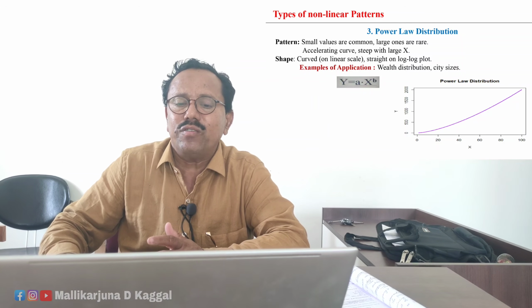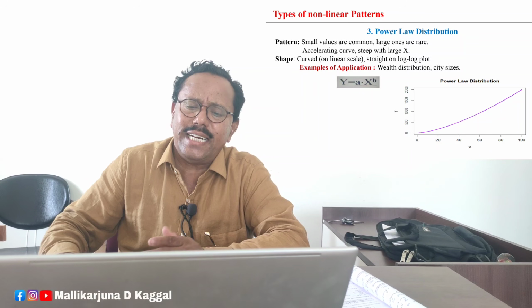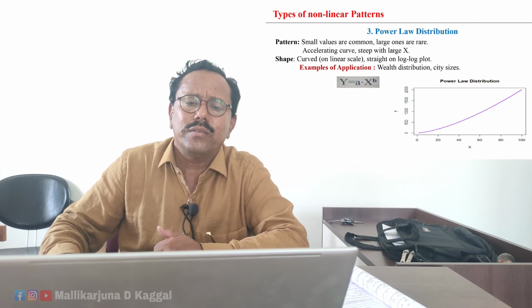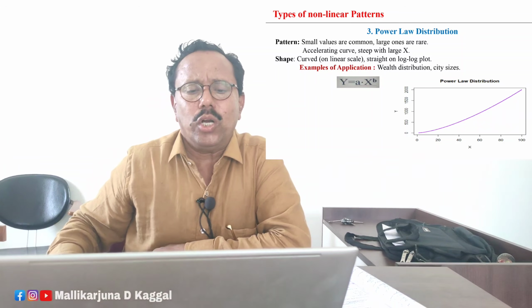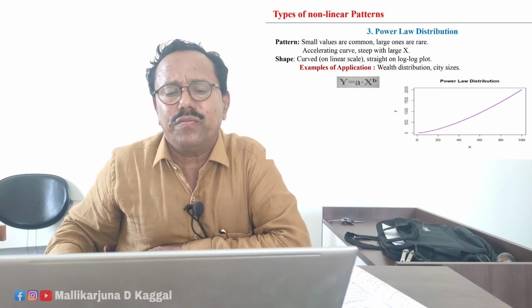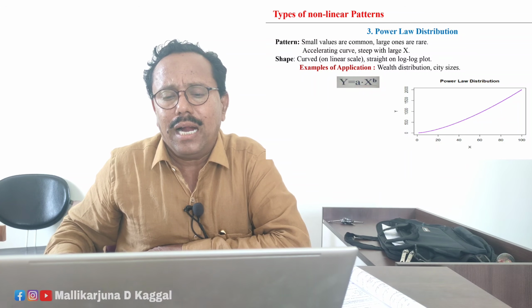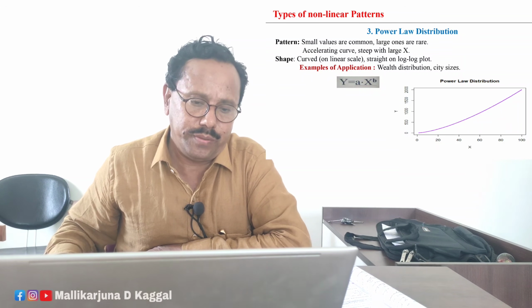It will be just like a linear one, but if it comes exactly straight it is linear; here slightly a curve is there. When a slight curve is there, we call it a straight line on a log plot curve. It is used practically in case of wealth distribution and city sizes.